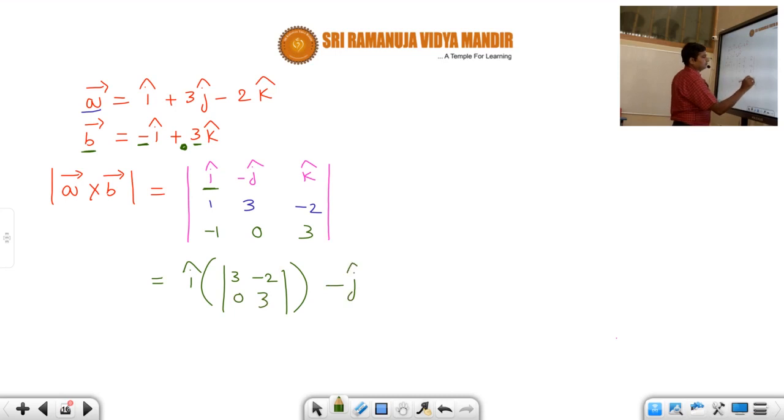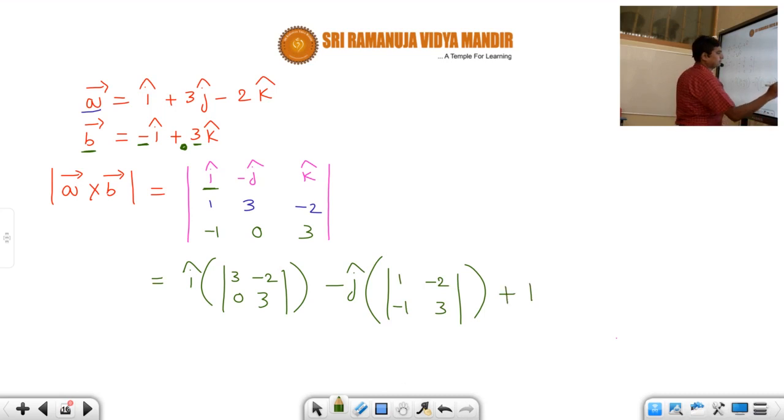And then minus J cap into, again for calculating this determinant, we should eliminate that column which consists of J cap and that row which consists of J cap. So the remaining will be the determinant of 1, minus 2, minus 1, 3.